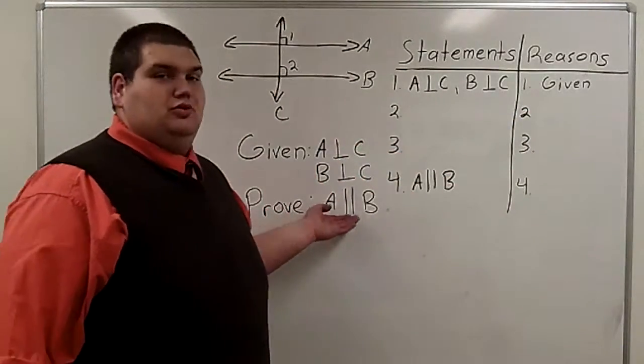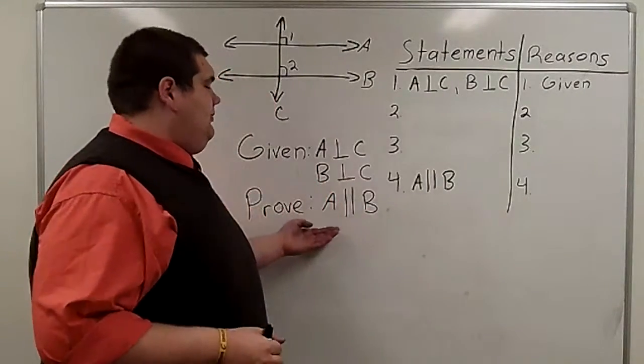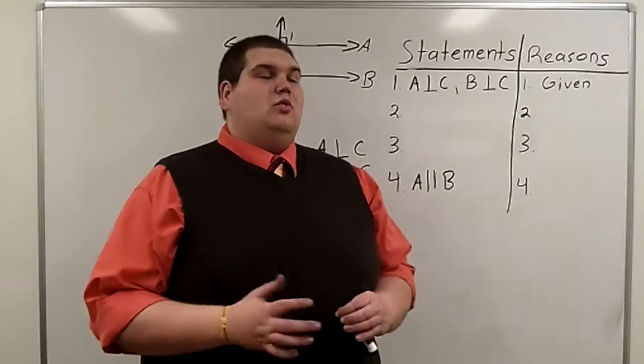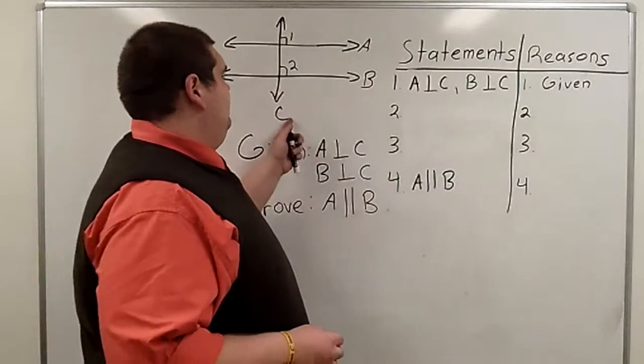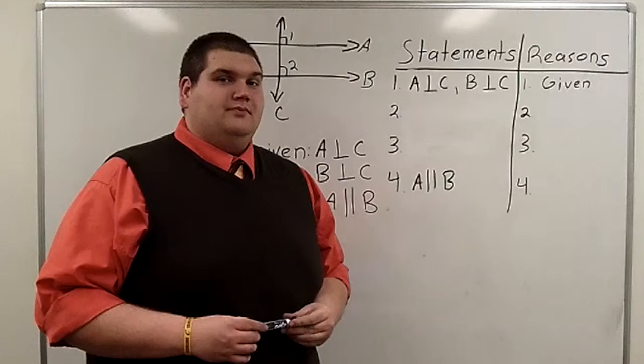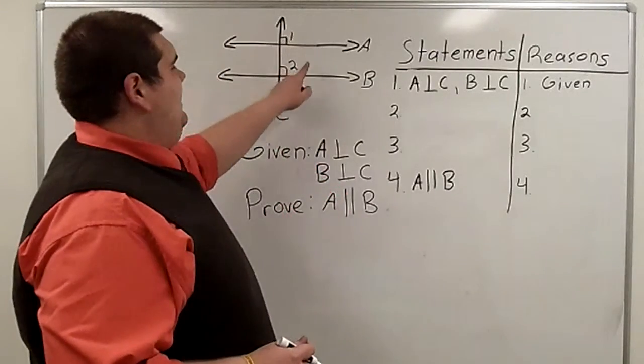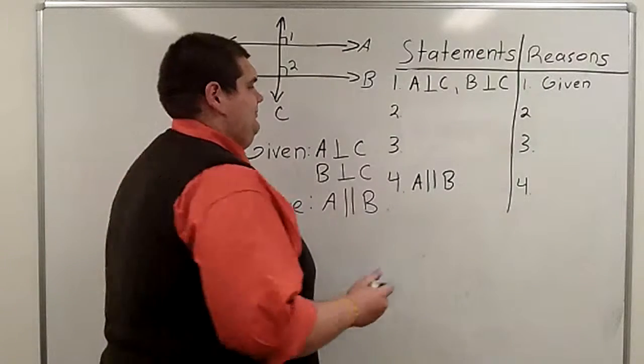So what can we do to prove lines A and B parallel to each other? Well, with A and B being perpendicular to line C, by definition of perpendicular lines, we have angles 1 and 2 are right angles.